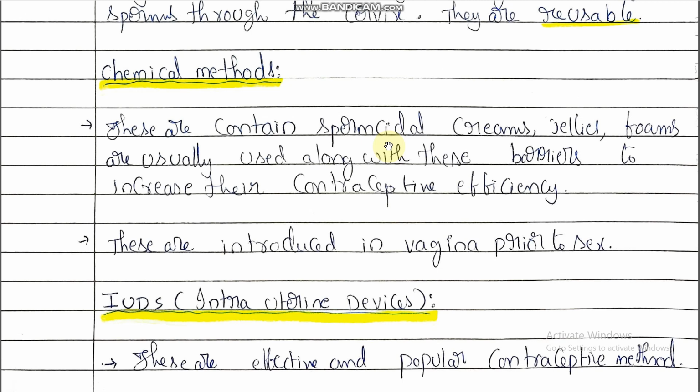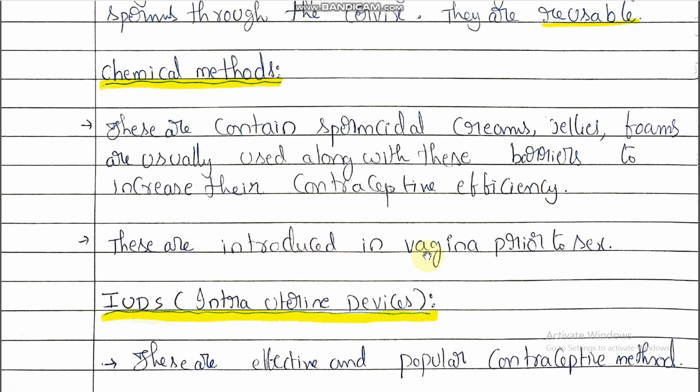In case there is any leakage, the sperms in the semen will be killed by the chemicals. So the diaphragm, vault, and cervical cap should be applied with spermicidal creams, jellies, and foams to increase their contraceptive efficiency, right?